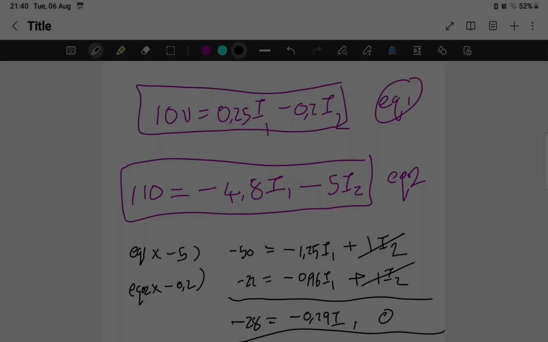So we have negative 1.25 plus 0.96 equals 0.29. So we got negative 50 plus 22 equals negative 28, over negative 0.29.